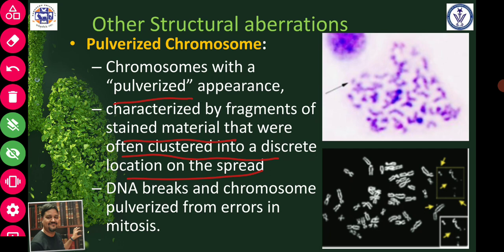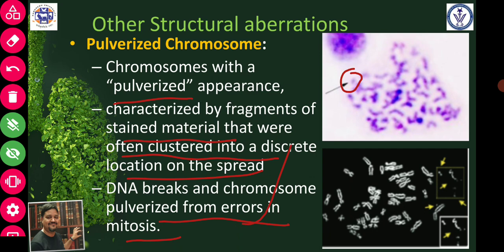So here you can see this is the fragment of stained material, and they are placed somewhere else. This is not a portion of any chromosome, but this is actually a chromosome which is pulverized. So DNA breaks and chromosome pulverization result from error of mitosis. So during error of mitosis, this DNA will get pulverized.